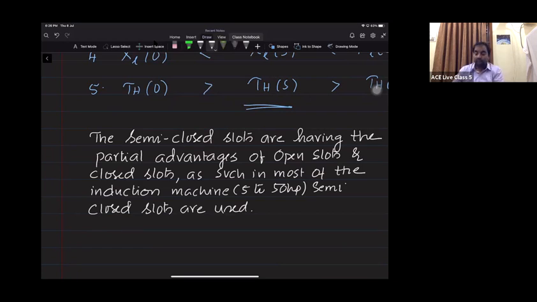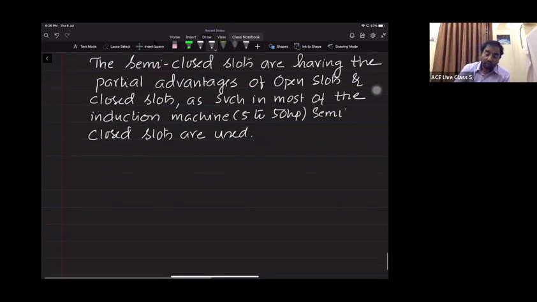Right. But when I'm talking about low HP motors, less than 5 HP, which slots are used? We use closed slots. Now the question comes, sir, why do we use closed slots for low HP motors? One of the major reasons is to eliminate the need for starters.